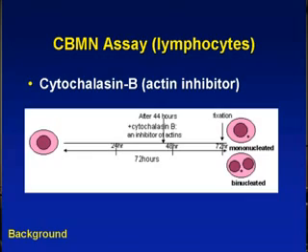Now, we said that the micronuclei assay is relatively simple and cost-effective, and for the microscopic method, all the procedures and principles can be explained by the simple slide here. In this case, the critical chemical used is cytochalasin B. It's an actin inhibitor.